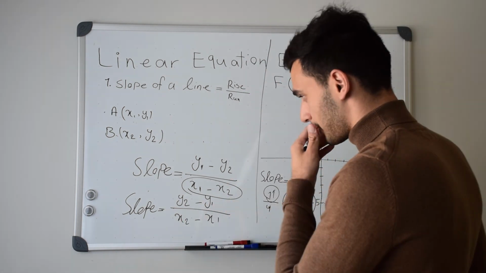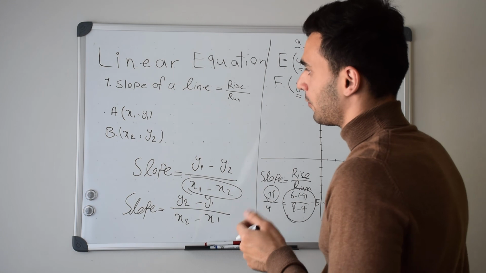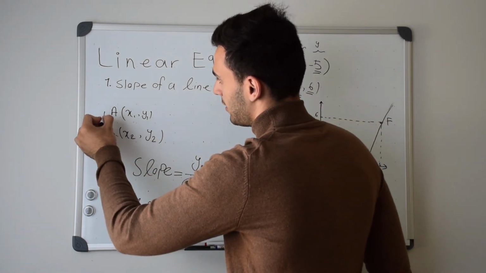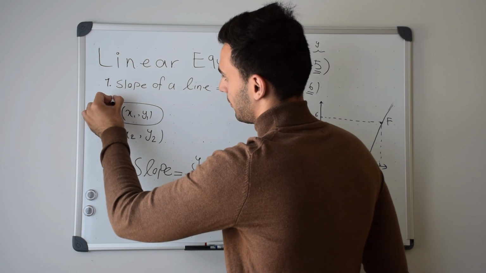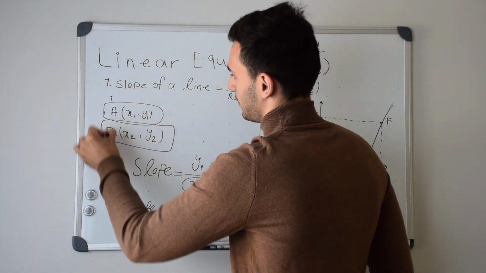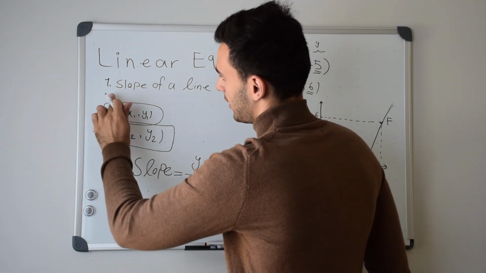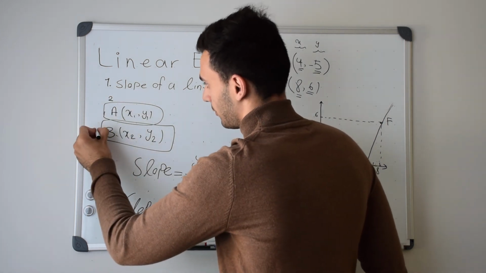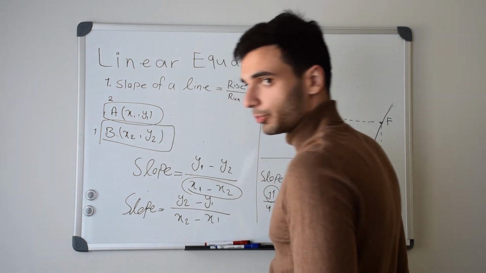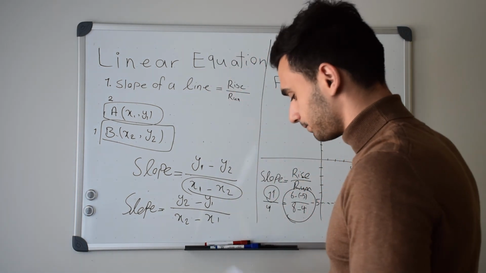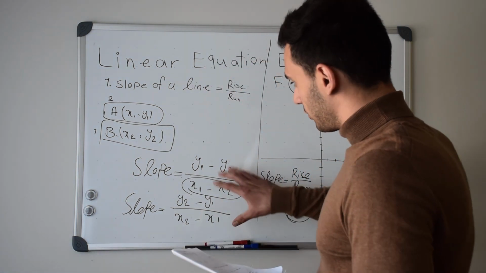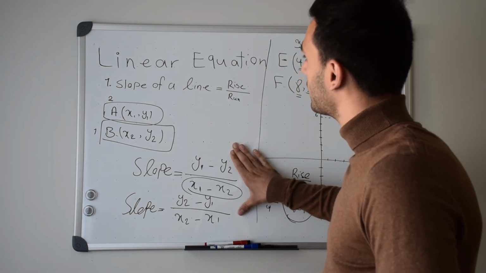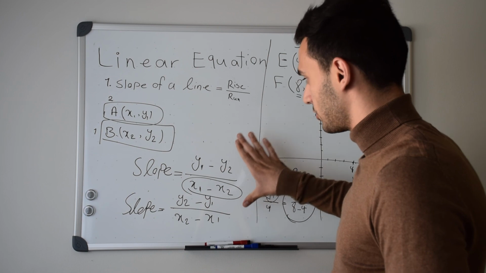So that's important, that we say, okay, point A is my point number 1 and point B is my point number 2. Or I can say point A is my point number 2, point B is my point number 1, and then subtract them and then divide them. This is an important formula that we can determine slope of a line based on this formula.